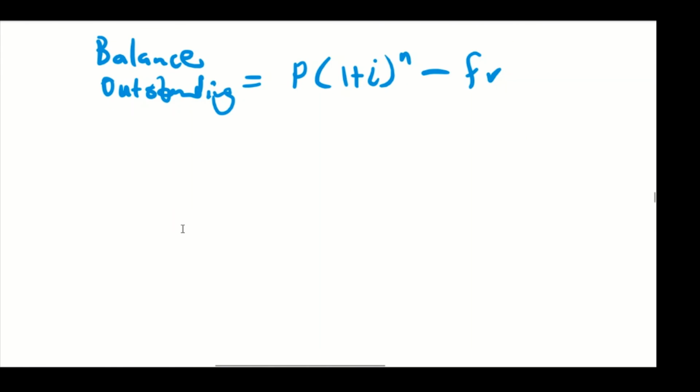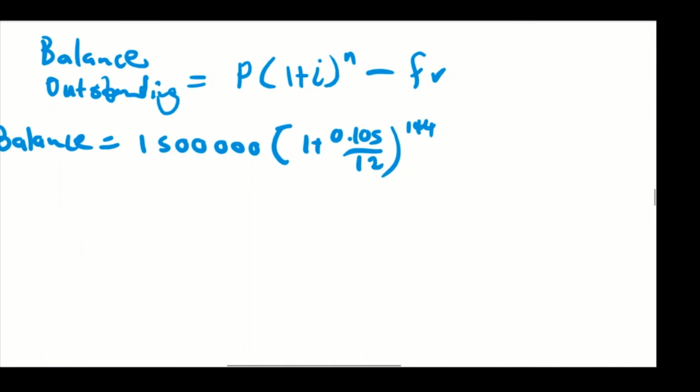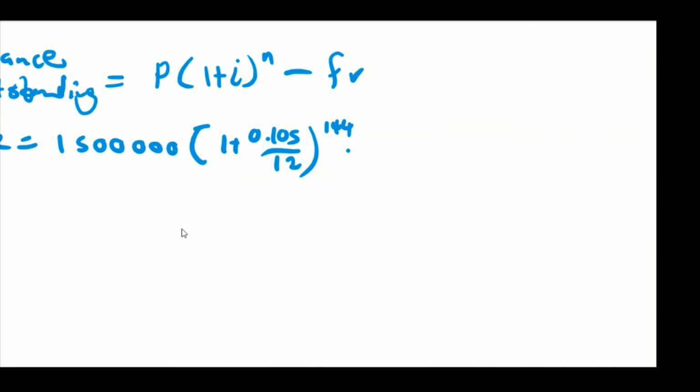So what's going to happen is this. The balance would be equal to, so we're just going to multiply the loan with this here. So the interest rate is 0.105 divided by 12 compounded monthly, and then we were told that the payments are 144, right? So then we're just going to subtract.